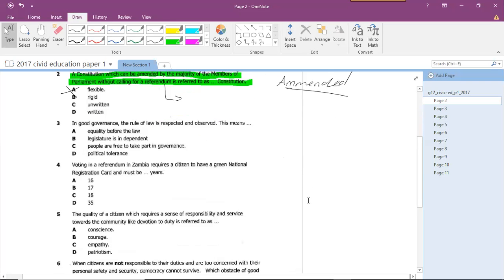Now here we are talking about governance and characteristics of good governance. So in good governance, the rule of law is respected and observed. This means, respecting the rule of law just states that no one is above the law. No one is above the law.